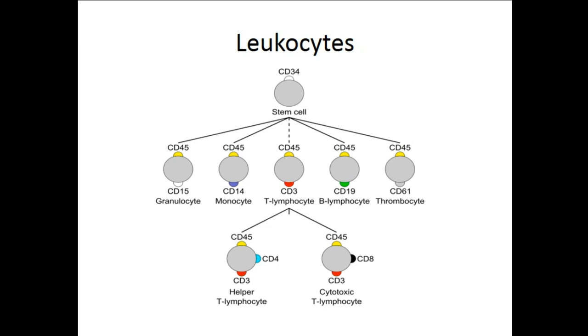Then within those, you want to identify which of those cells are lymphocytes. CD3 enables us to identify lymphocytes alone. So now we've identified all the lymphocytes, we want to work out what lymphocytes are CD4 and what lymphocytes are CD8. And that's why we then look at CD4 and CD8 receptors.